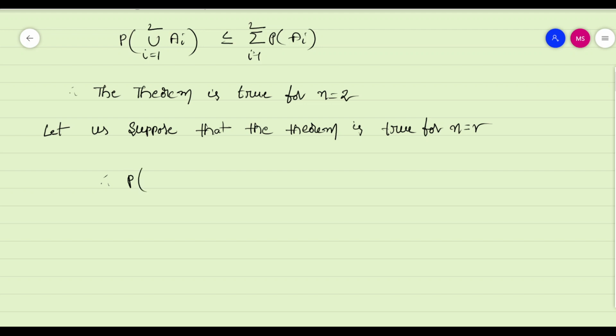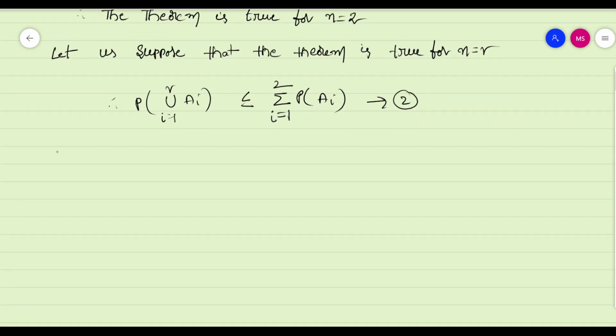Therefore, P of union i running from 1 to r Ai is less than or equal to summation i running from 1 to r P of Ai. This is equation number 2.